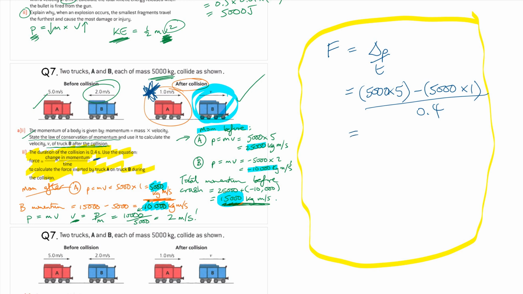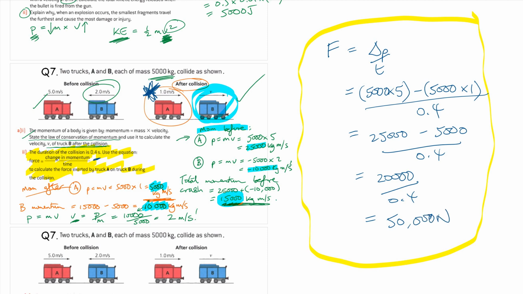And so we get 25,000 take away 5,000 divided by 0.4, and that gives us 20,000 divided by 0.4, and that gives us 50,000 newtons of force, which equals 50 kilonewtons.